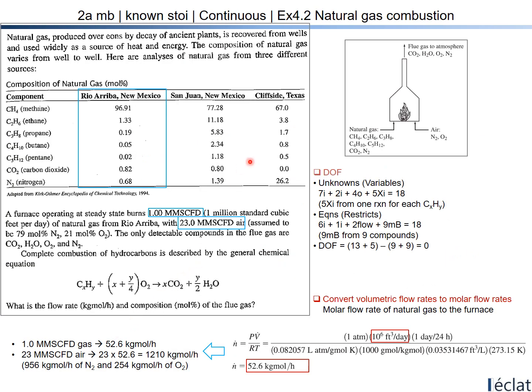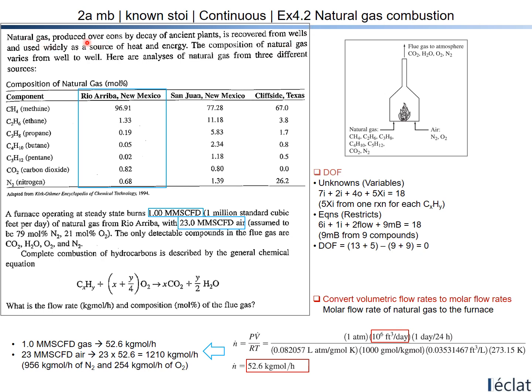Here is example 4.2 that is about natural gas combustion. In this case, we know the balanced chemical reaction equations. Let me read the problem.